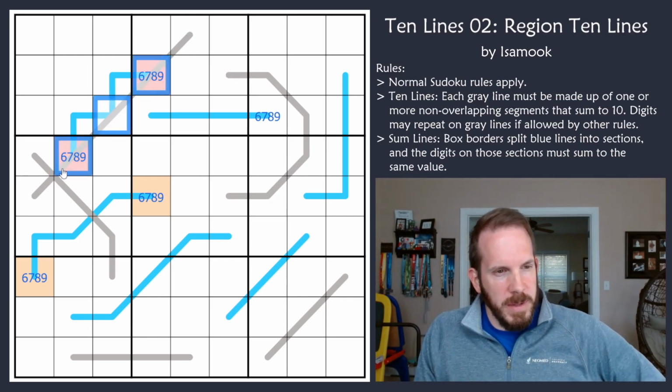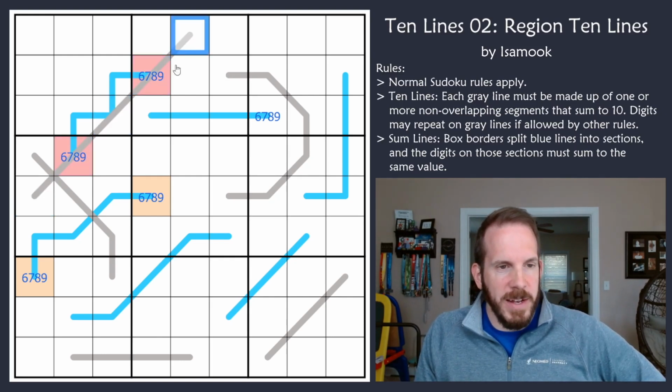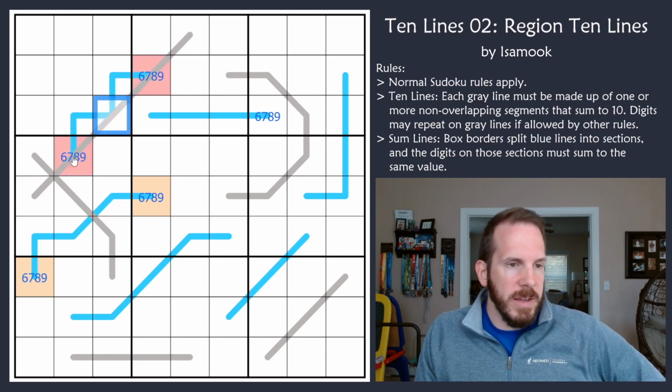None of these can be a 4-cell segment. One reason is because this would have to be 10, but also because we would need 1, 2, 3, 4, or I guess these could repeat, but this would still be 1, 2 plus 1, 6, but none of these can be low enough.